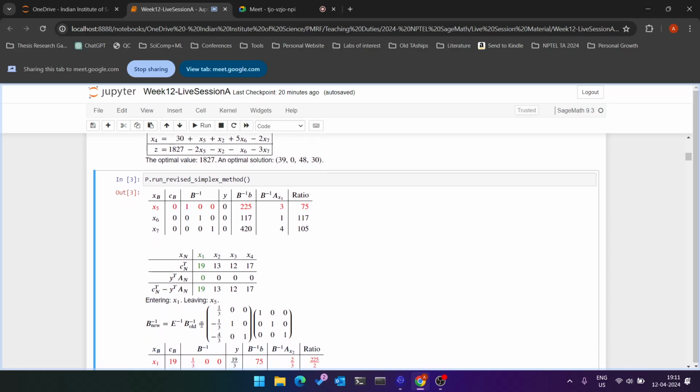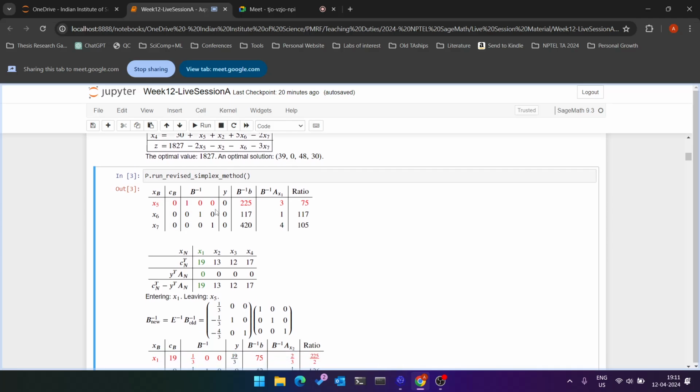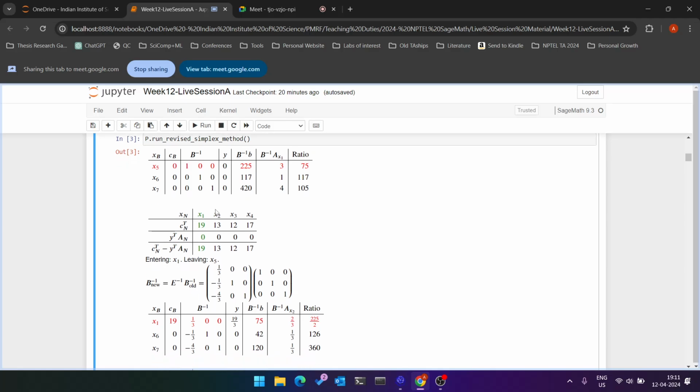To use the revised simplex method, we first create an augmented matrix based on the basis set. So, a 3 by 3 basis, which is the identity matrix I3 for the basis set, and AN being the matrix of non-basic columns of the coefficient matrix A. From this we are able to obtain a feasible solution.